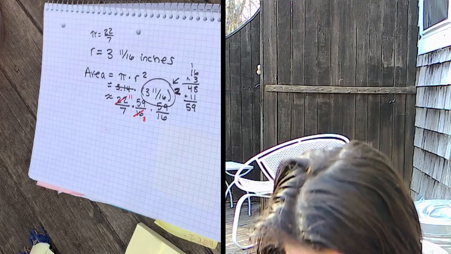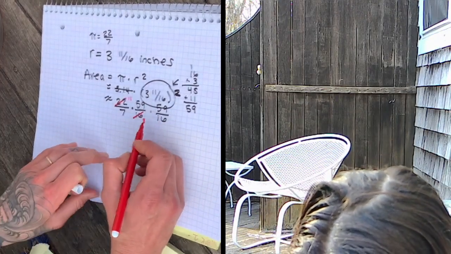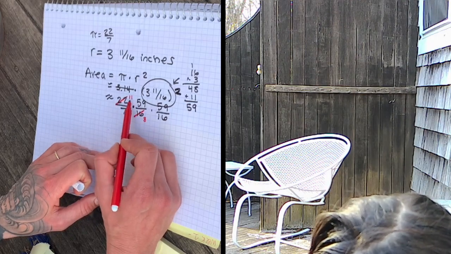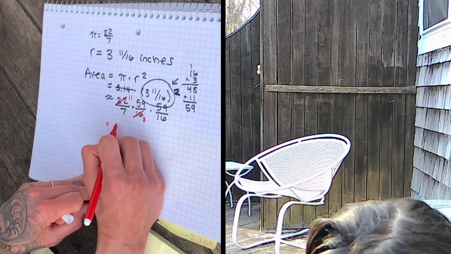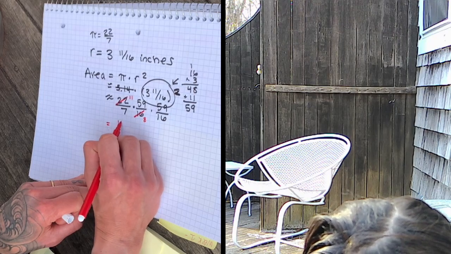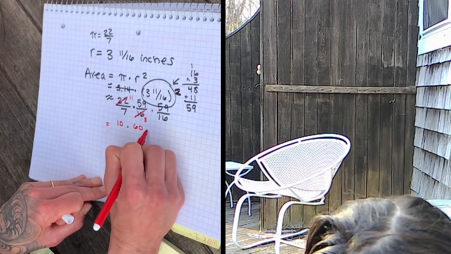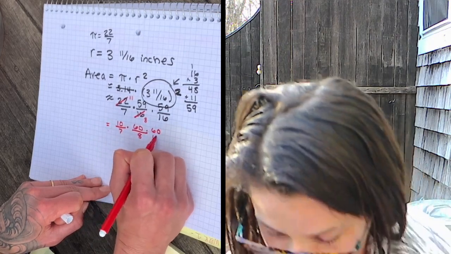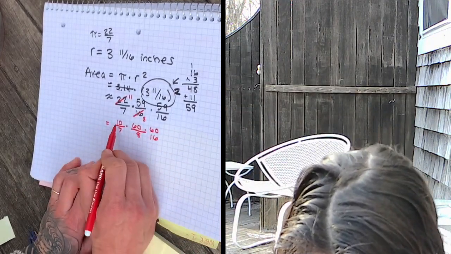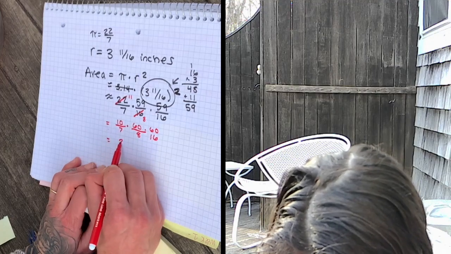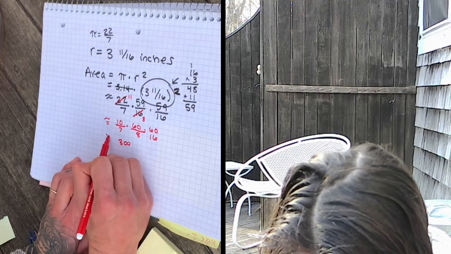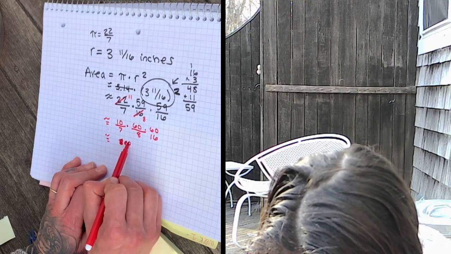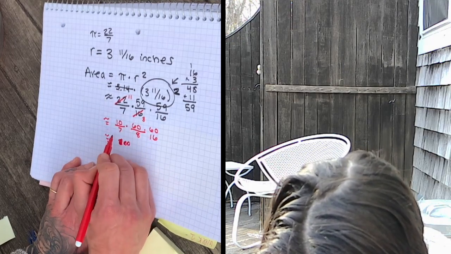So if I'm going to do 59 times 11 times 59, okay, I'm just going to round these. Instead of 11, I'm going to go 10 times 60 times 60 over 7 times 8 times 16. Okay, so then I get 3 zeros. These are definitely approximate. And then 1 times 6 is 6, times 2 is 12.